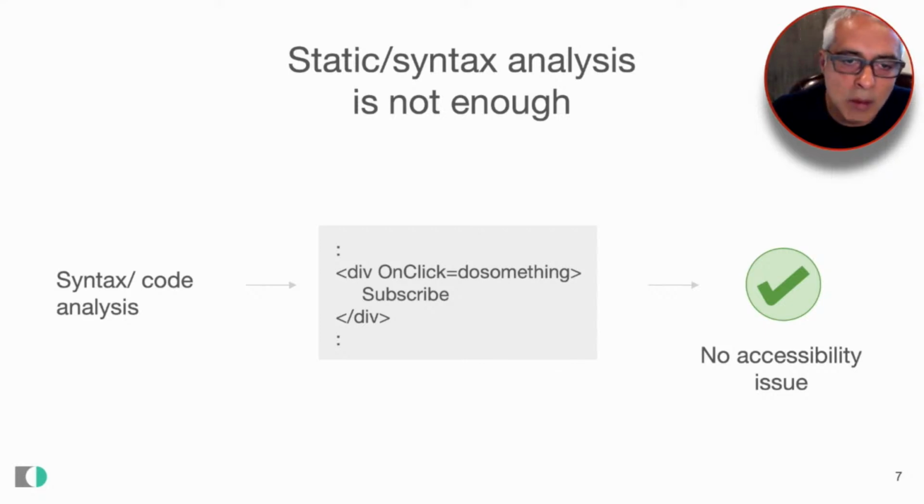Now let's consider this example. So if you have a piece of code where there's some code and then there's a div and then there's some more code after that, and you look at it with traditional syntax analysis tools, you will not find anything wrong with this. Why? Because a div is actually a perfectly legitimate HTML element. Divs, spans, images, all kinds of things, and they're powered by JavaScript functionality somewhere.